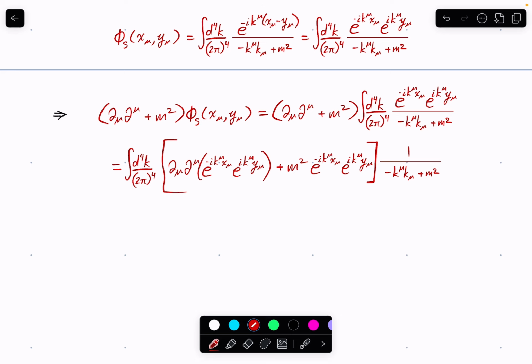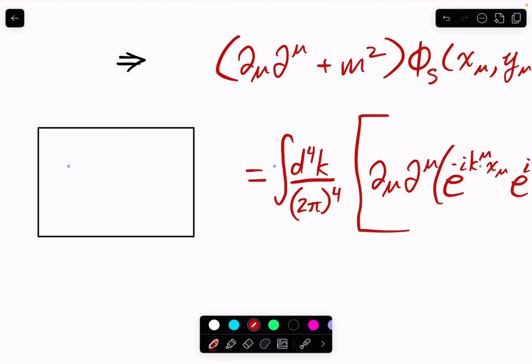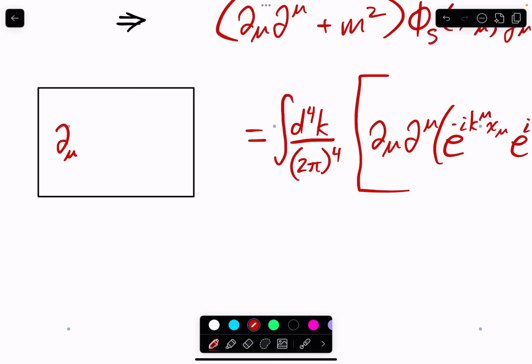Okay, so then the next step is to carry out this derivative. So this right here, if we recall correctly, the partial derivative, or superscript mu, rather, the contravariant gradient is partial over partial x_mu, like this.